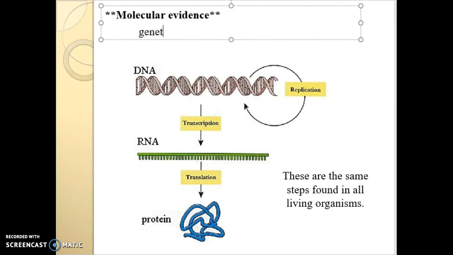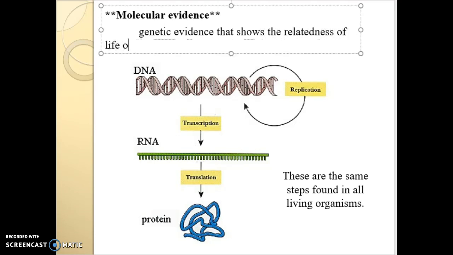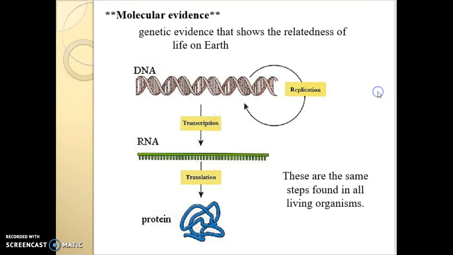So it's genetic evidence that shows the relatedness of life on Earth. All right, so there's a phenomenal amount of molecular evidence that we have, and more continues to show up.